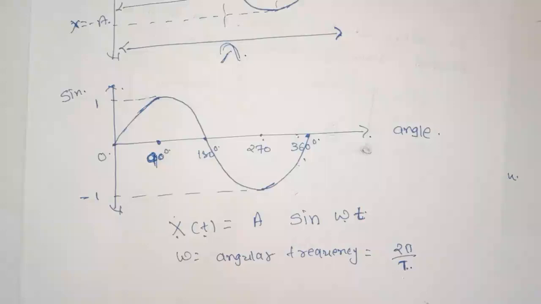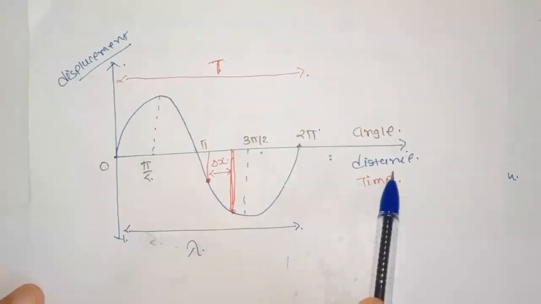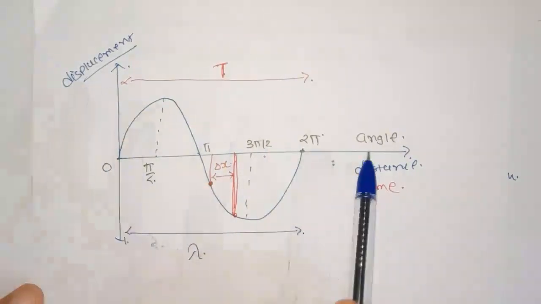Now let us understand the unitary relation between wavelength, time period and angle. For a given oscillatory motion, we can draw the displacement versus distance graph, displacement versus time graph, and displacement versus angle graph.